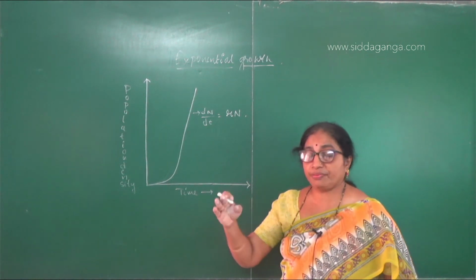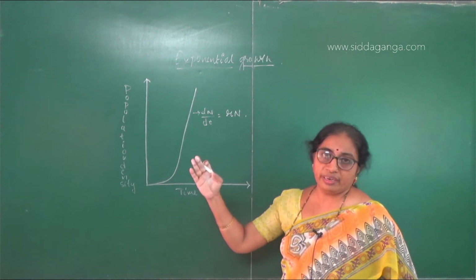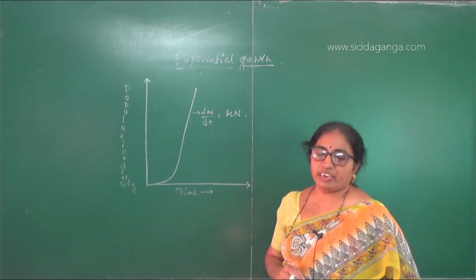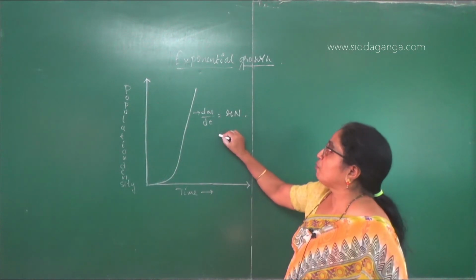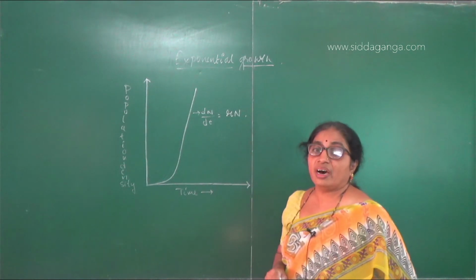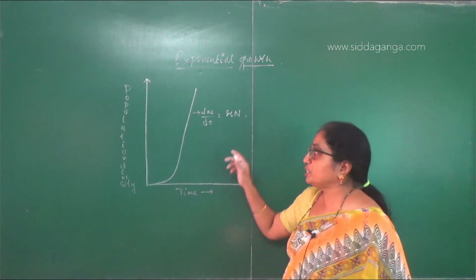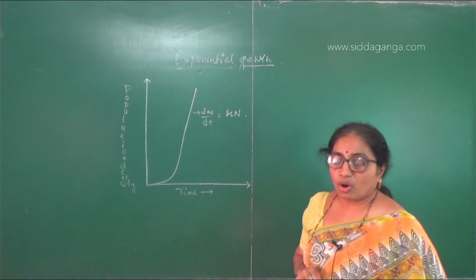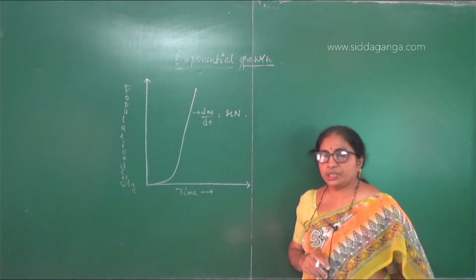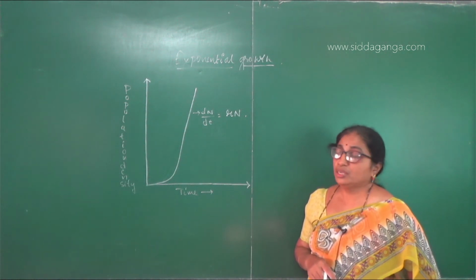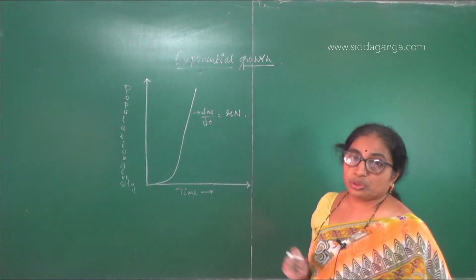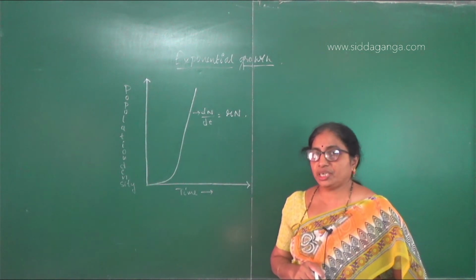When the competition goes on increasing, naturally, once again, there will be a decrease in the population size. So this type of population growth cannot be considered a realistic one. Then, what is the realistic growth curve? Let's go to the next growth curve, which is called logistic growth.